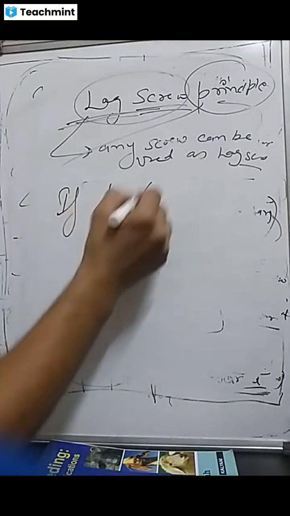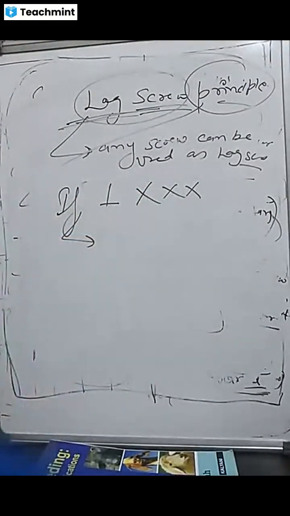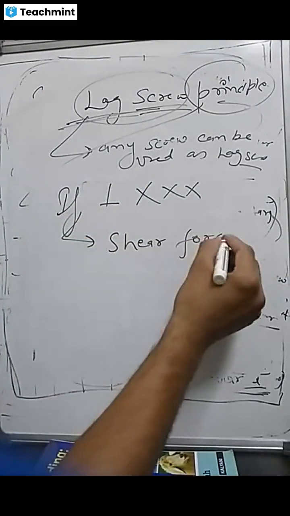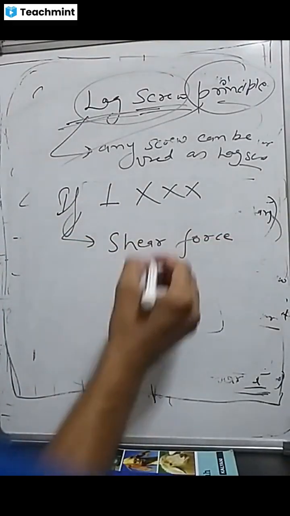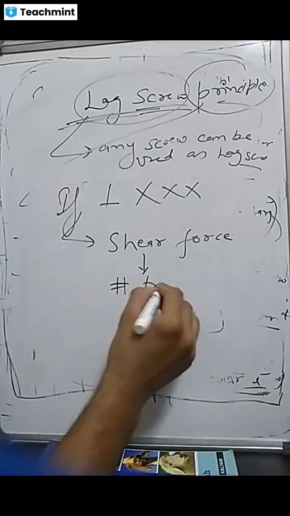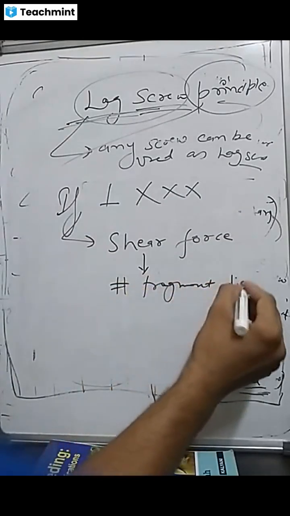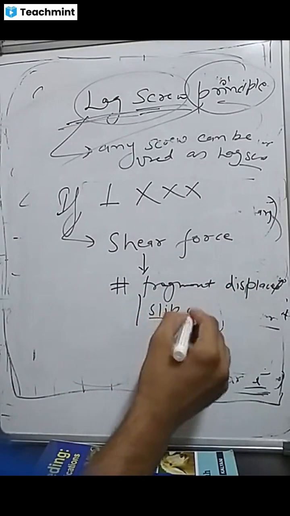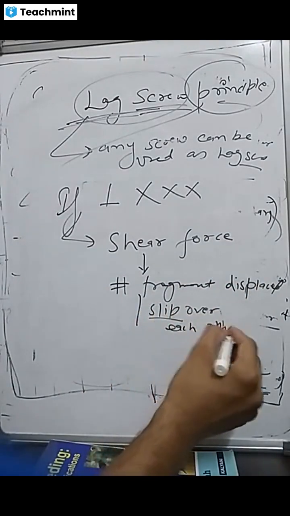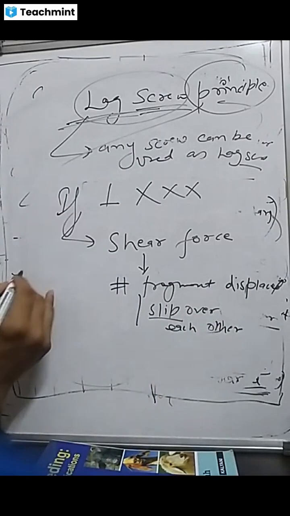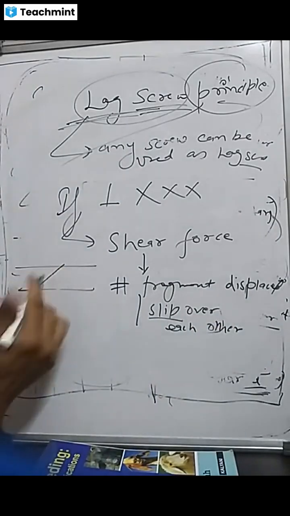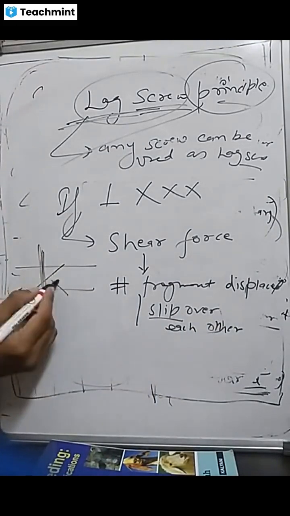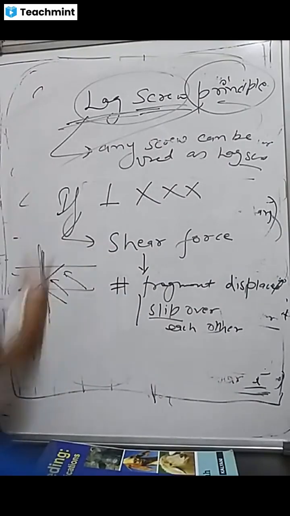Shear forces will act, and the fracture fragments will be displaced, meaning they will slip over each other instead of compressing. If the screw is perpendicular to the fracture line, both fragments are compressed and come near to each other.